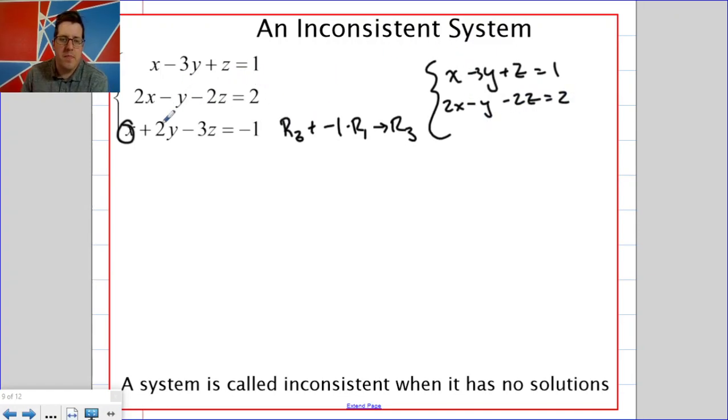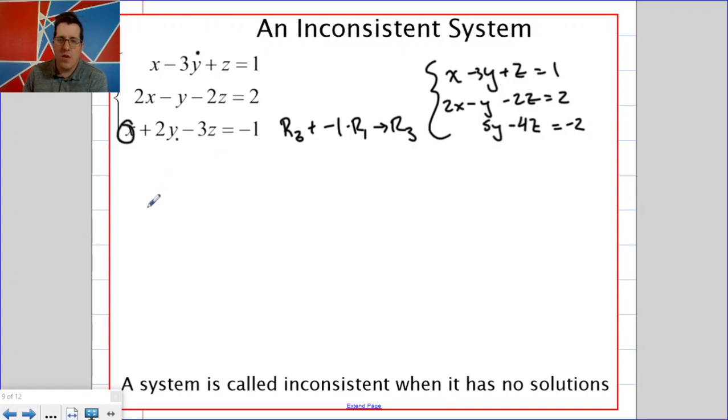So, one of these and -1 of those will cancel out. One of these and -1 of those will become 5y. One of these and -1 of those will be -4z. And one of these and -1 of those will be -2.